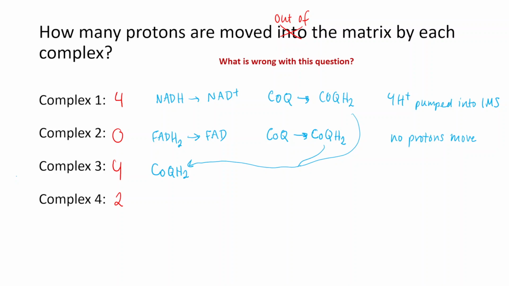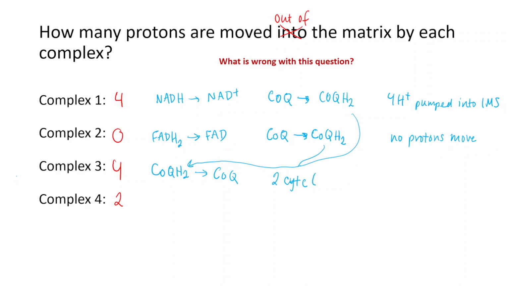And so what's happening with coenzyme Q now? Yeah, it's getting oxidized to its oxidized form. And what's happening to the electrons? Where do they go? Yeah. How many cytochrome Cs? Exactly. So we had the 2 electrons from coenzyme Q, so we need 2 cytochrome Cs to take them up.